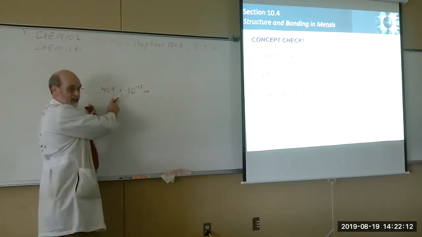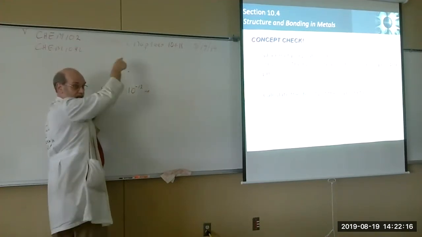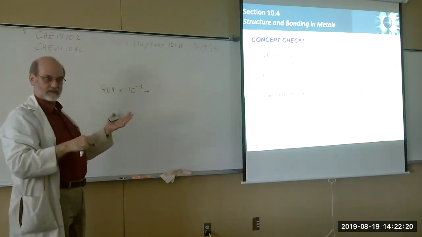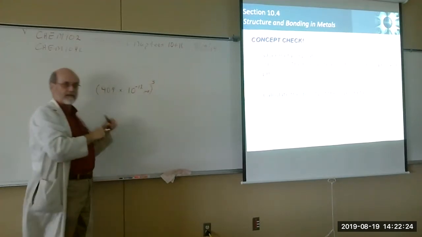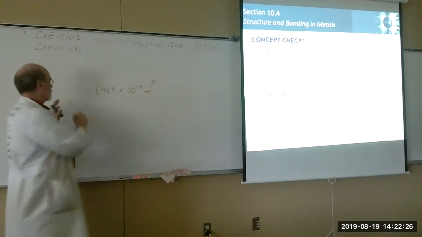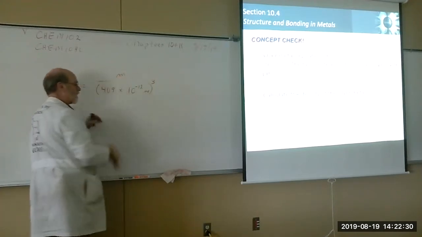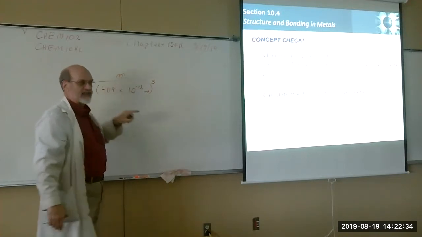It's that times that times that, isn't it? Right? That is the volume of the cube. Length, height, width. So you cube it, that gives you the volume. And the density is equal to mass divided by volume. So you got the volume already. Now you need, what mass does that represent?